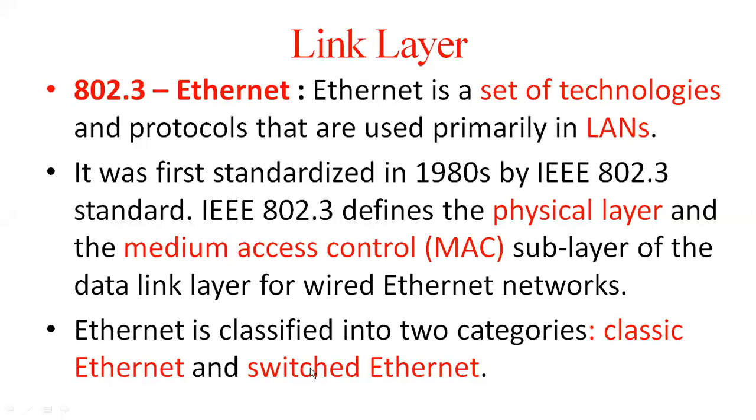It is defined by IEEE 802.3, that's why it is called 802.3 Ethernet. It defines the physical layer and the medium access control layer, the sublayers of the data link layer, for wired Ethernet networks. The network is classified into two categories: classical Ethernet and switched Ethernet.